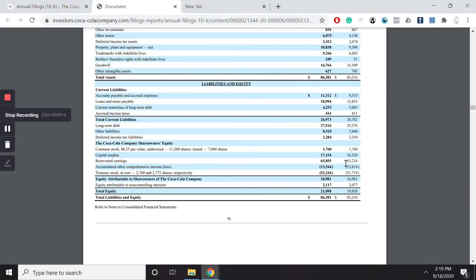And what you can think of return on equity ratio as being the return on investment for the money shareholders are investing in the business.